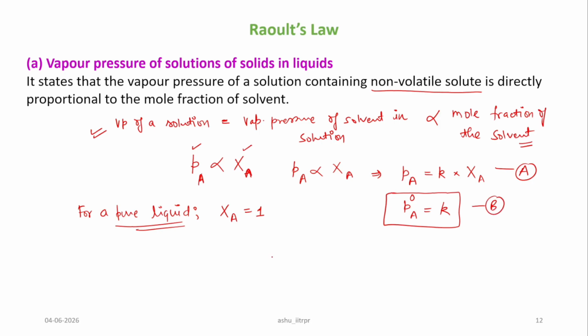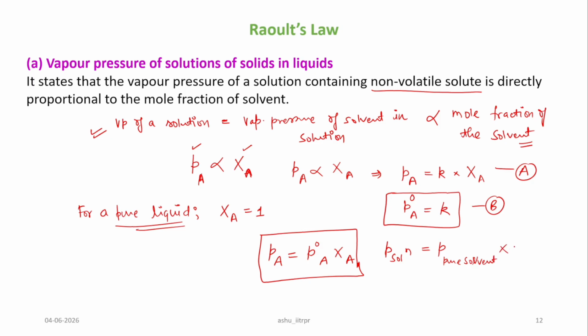So you can take this equation as A and this equation as B, then I can write the third and final equation, which is PA is equal to P naught A chi A. This is the mathematical expression of Raoult's law. So you can write that the vapor pressure of the solution is equal to the vapor pressure of the pure solvent into the mole fraction of the solvent.